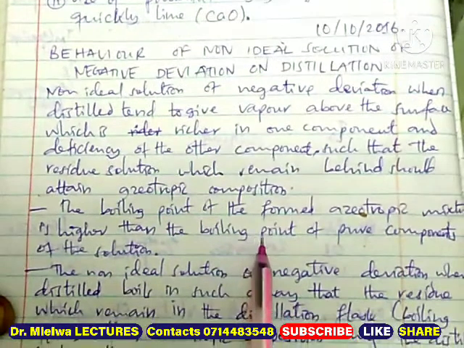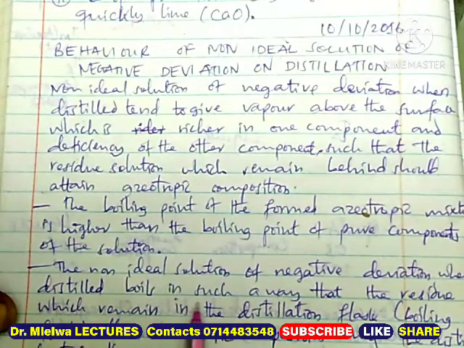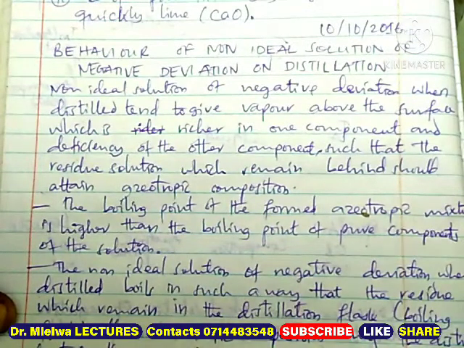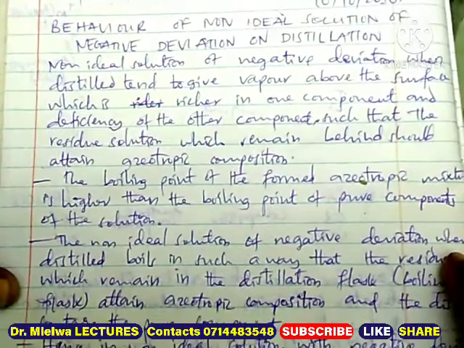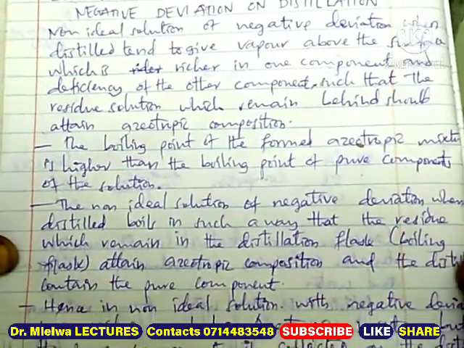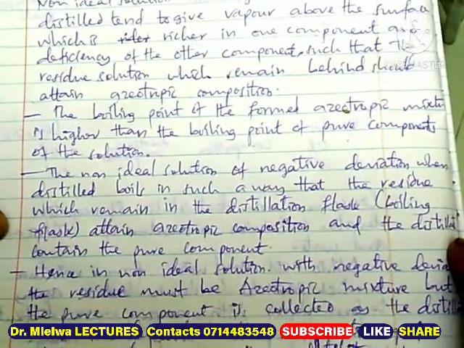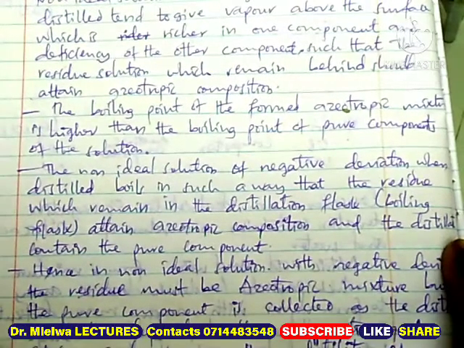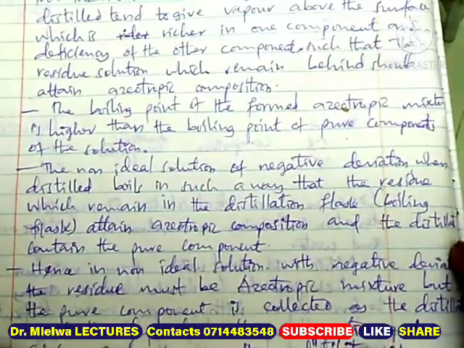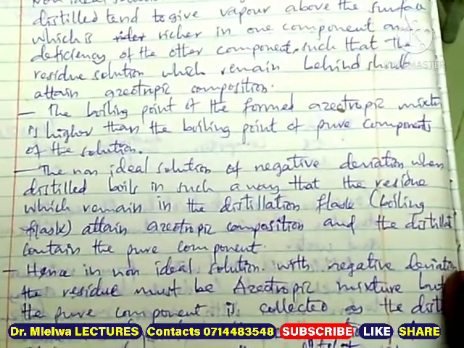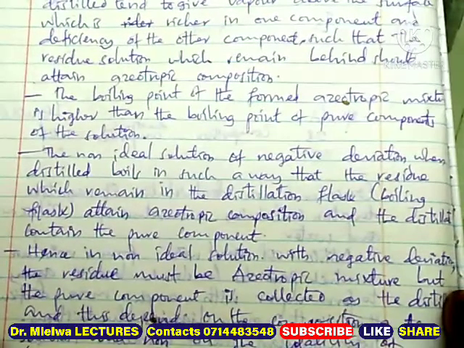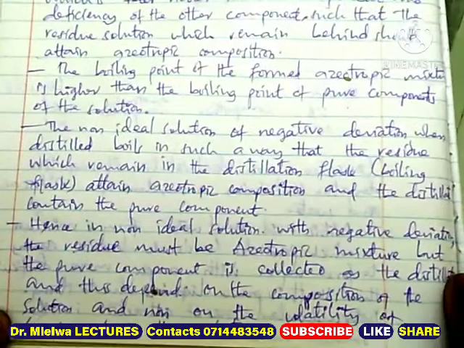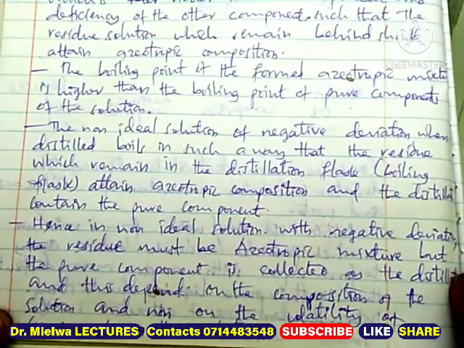So non-ideal solution of negative deviation, when distilled, boils in such a way that the residue which remains in the distillation flask or boiling flask attains azeotropic composition, and the distillate contains the pure component. So the pure component is in the distillate or collector, while what remains in the boiling flask is the azeotropic mixture. This is very important to remember, because it is different from what happens in positive deviation.